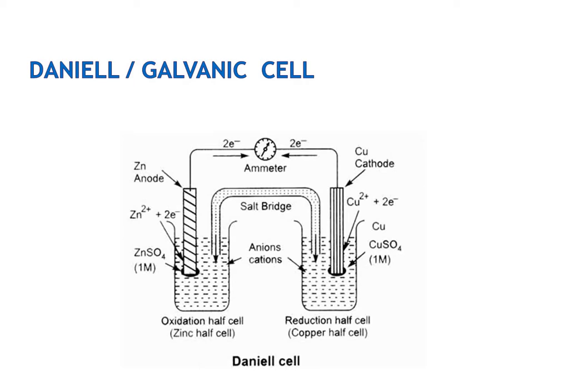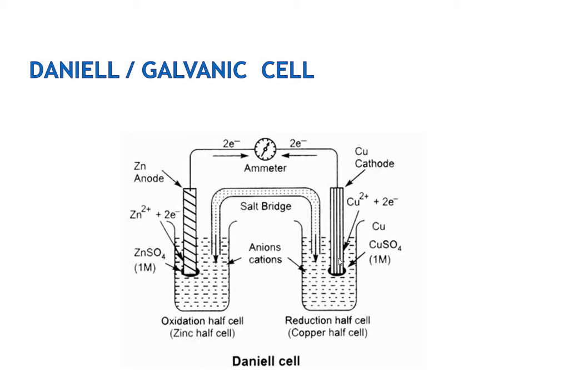This is the pictorial representation of the galvanic cell. In this beaker, zinc sulfate solution is dissolved, in which one zinc electrode is dipped.